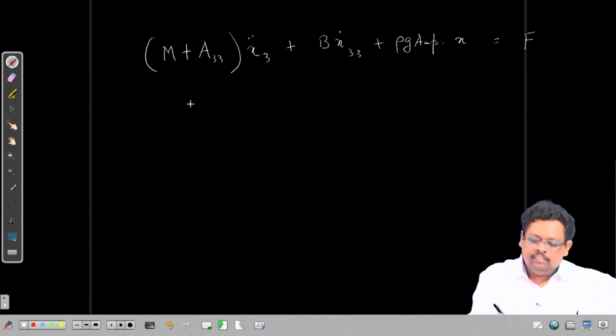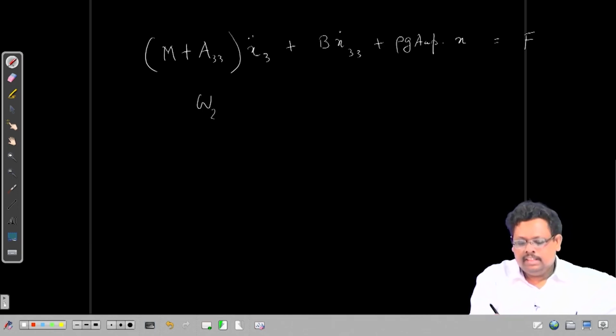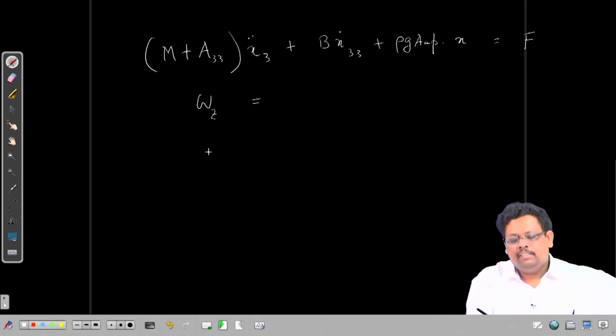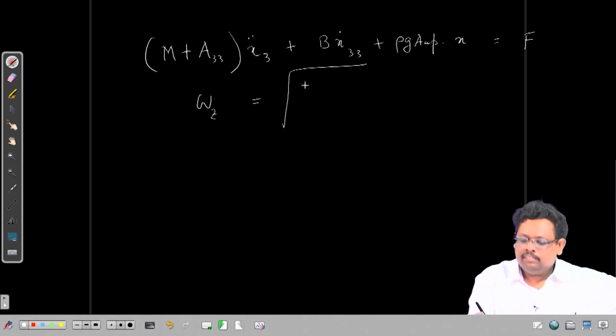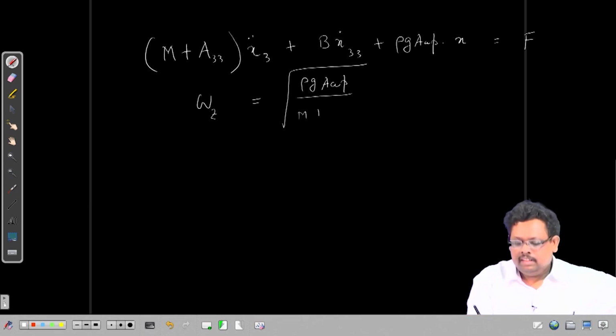Here the natural frequency for heave is normally called omega_z, because it is about the z direction. We can also write omega_3. It equals the square root of rho g A_WP divided by (m plus A33).